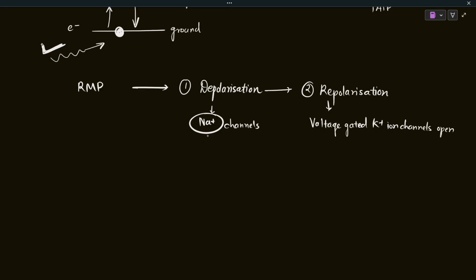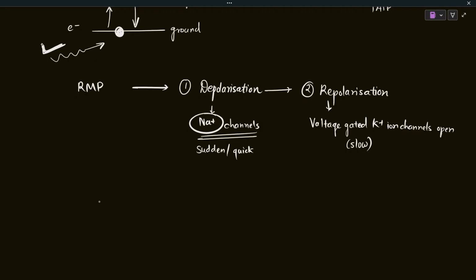But unlike the sodium ion channels opening, which was sudden and quick, the opening of voltage gated potassium ion channels is rather slow. There is no clear cut boundary that at point eight milliseconds or whatever, the voltage gated sodium ion channels open. There's no clear cut boundary between those two steps.